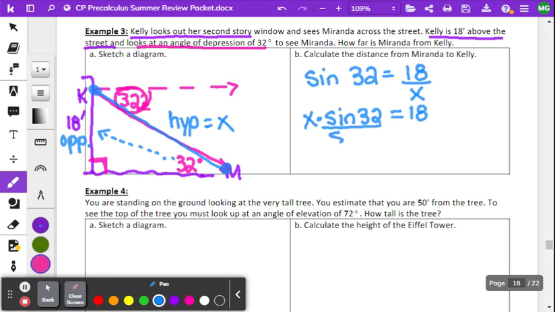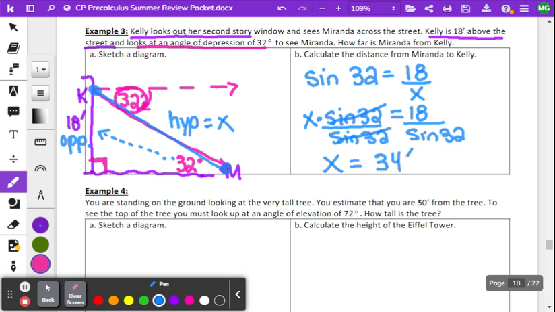We should be dividing by the sine of 32 on each side. And once again, just like we've been doing, it's really just all dropping this in the calculator. So 18 divided by the sine of 32, we should get that they are 34 feet away from each other.